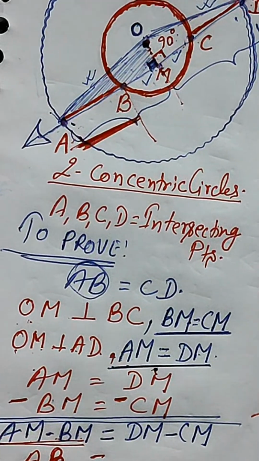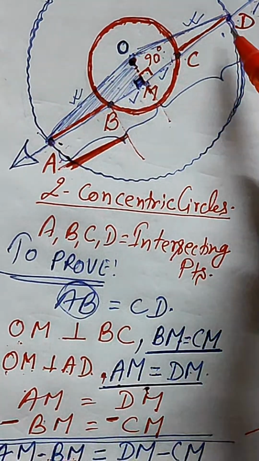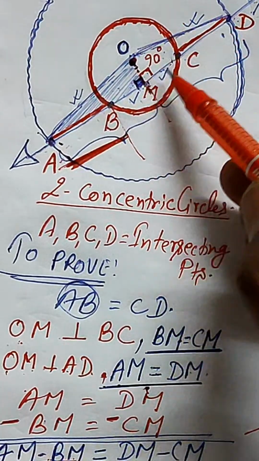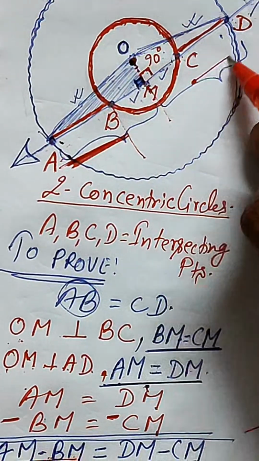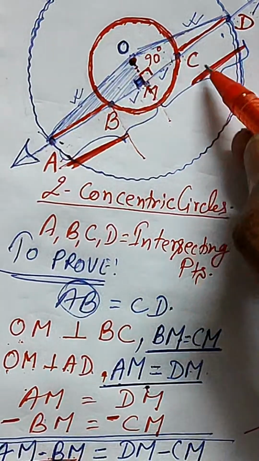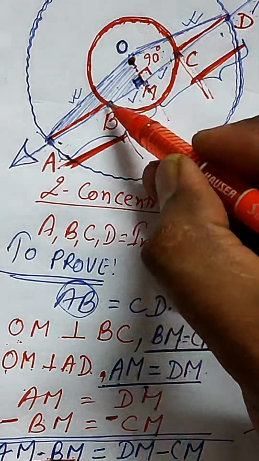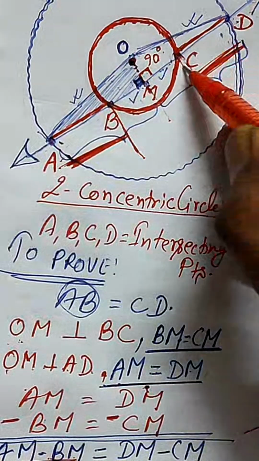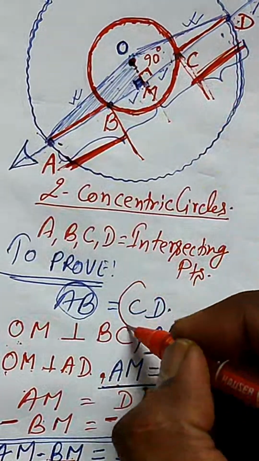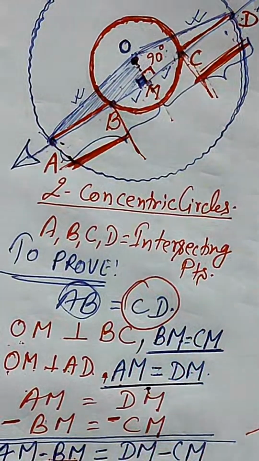So this DM minus CM will give you this section from C to D. And this is CD, this one, right?